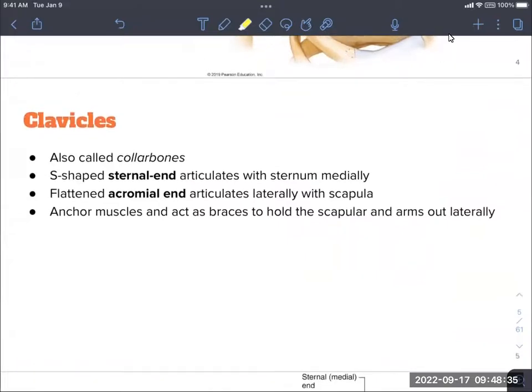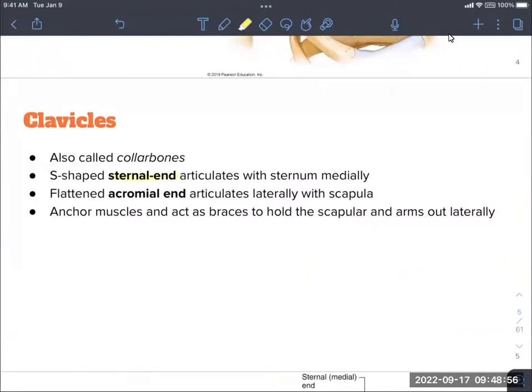So let's look a little deeper into each of these bones. Your clavicles, as I said, are also called your collarbones. That's the common term for them, but it's kind of in an S shape, where it has an end called the sternal end. This is what articulates with your sternum in the middle.